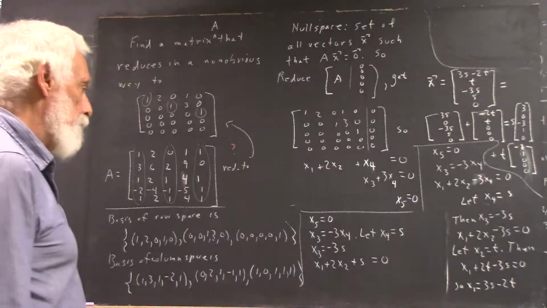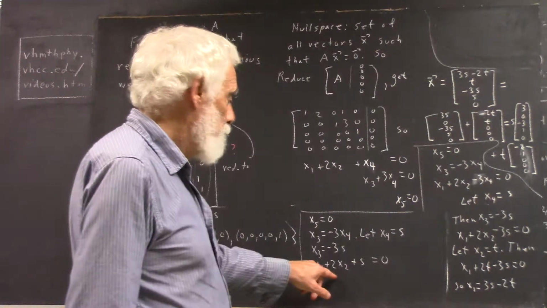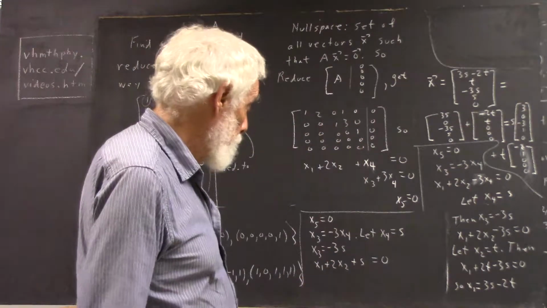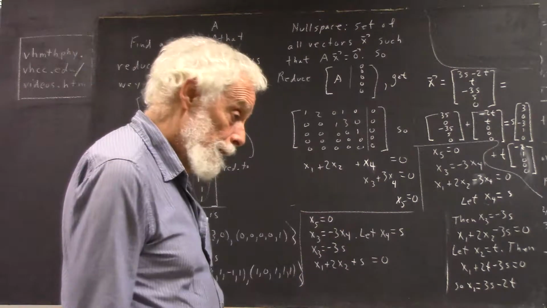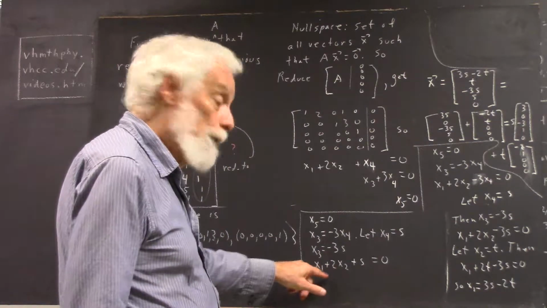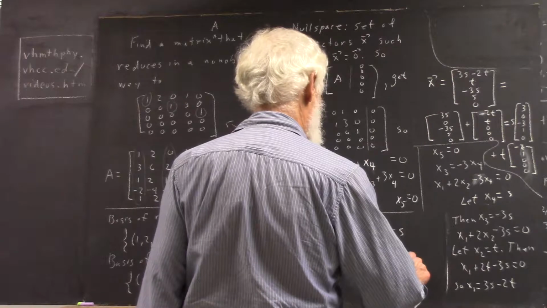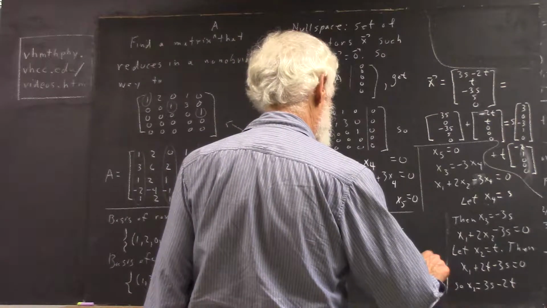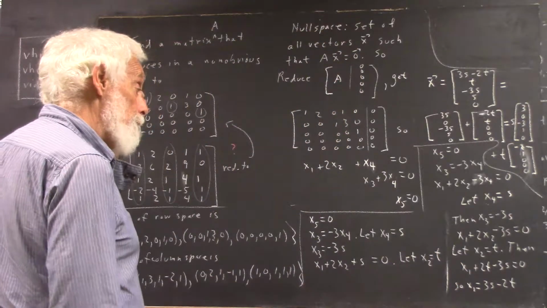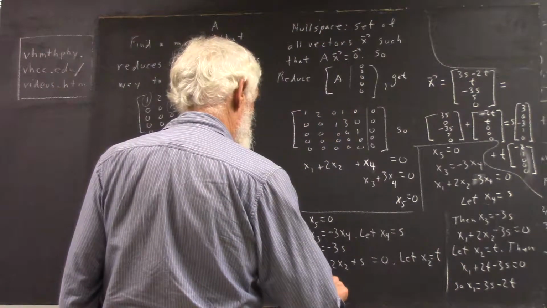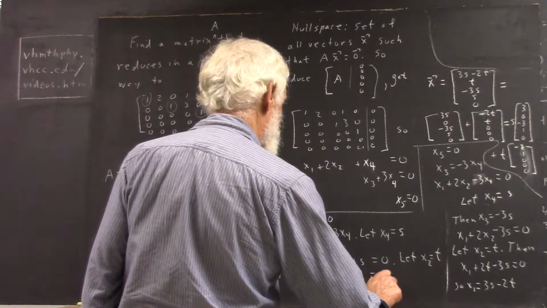so that x1 plus 2x2 plus s equals 0. Now, that's about as far as we can go. We've used all of our information, and we still have x1 and x2, 2 independent variables. So one of these is going to be our free variable. So let's let x2 equal t. So now this equation becomes x1 plus 2t plus s equals 0.